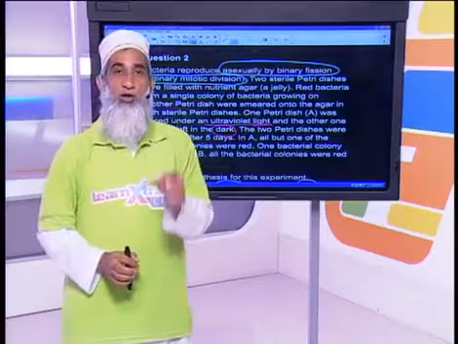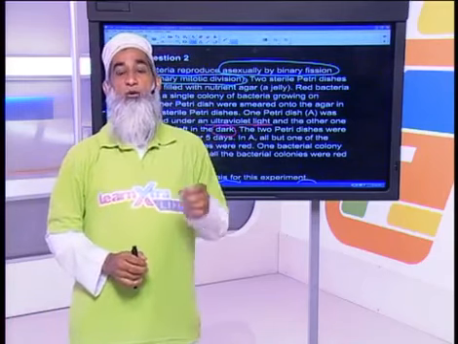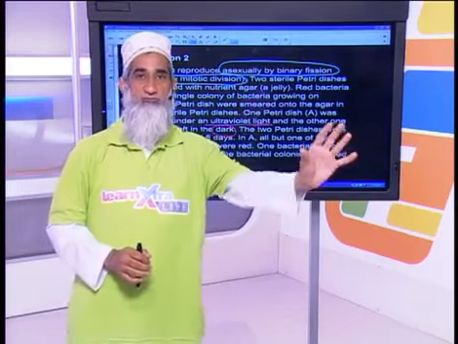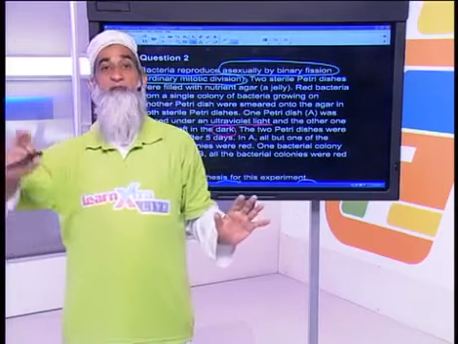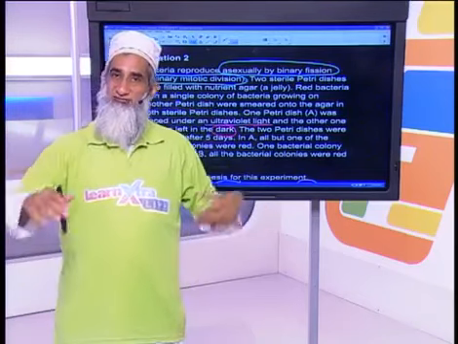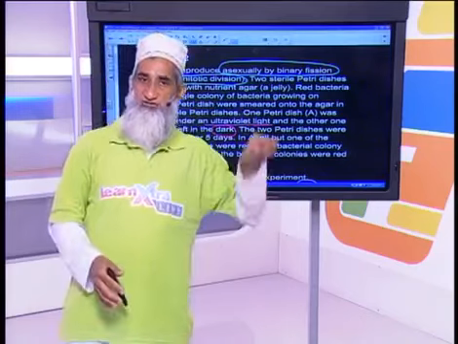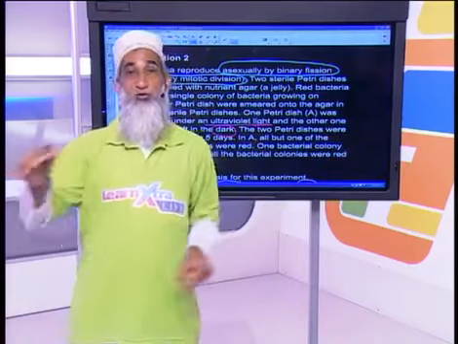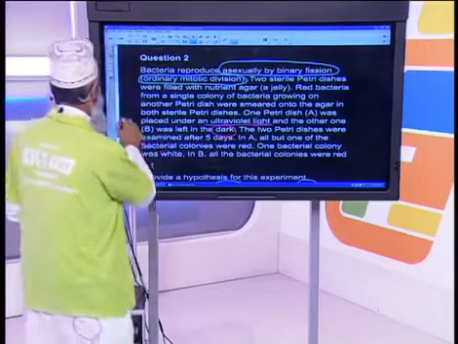So the one where we remove the factor we're testing for. What are we testing for? Whether ultraviolet rays cause a mutation. So where we do not use the ultraviolet ray, that becomes the control. Because what if there was a mutation anyway in the ones that were in the dark? That means it was not the ultraviolet rays that caused the mutation. Do you understand that? The logic behind it? Good.